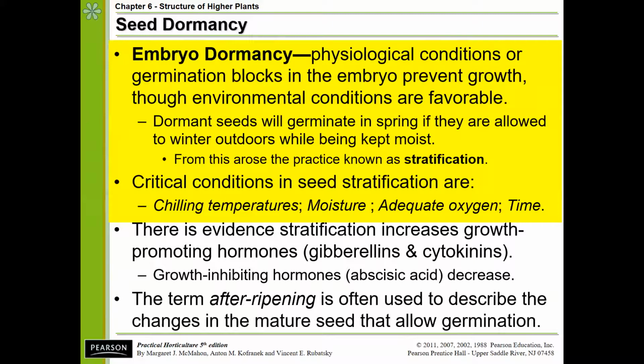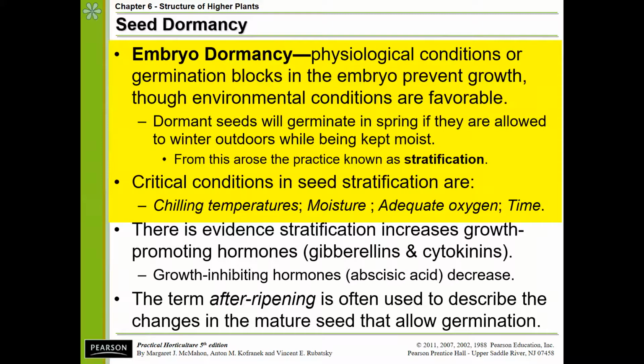Usually it just mimics what the plant goes through naturally in its natural habitat. So scarification is physical or chemical alteration of the seed coat; stratification is a cool, moist, chilling period over a period of time.